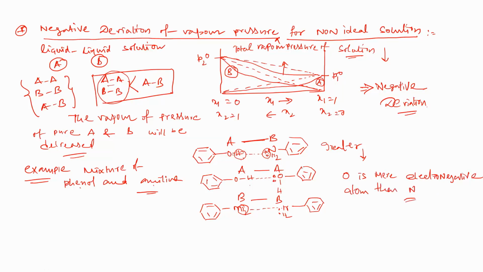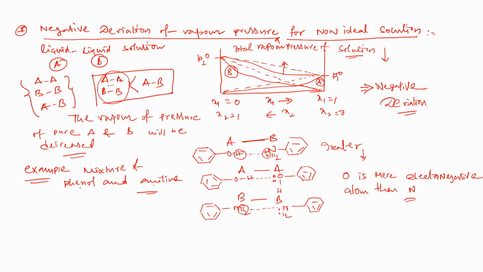That's why this lone pair is more free than that. So this lone pair is bound and not too free compared to that. That's why this AB attractive force is higher than the AA and BB attractive force. That's why this vapor pressure shows the negative deviation.